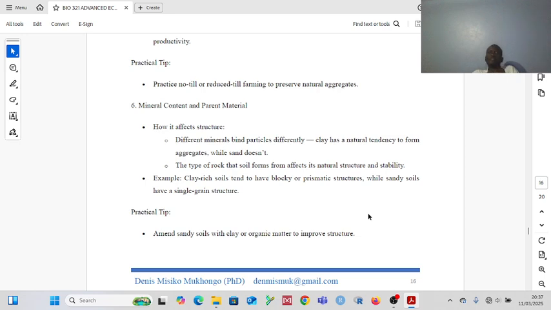So the type of rock that soil forms from affects the natural structure of that soil and its stability. So if you have clay soil, it will have a different structure. You have sand soil, it will have a different structure. You have loamy soil, it will also have a different structure.